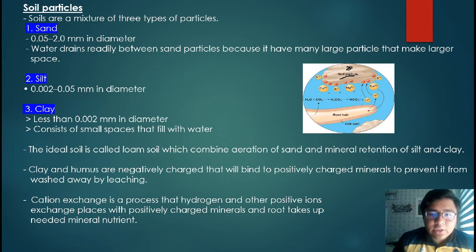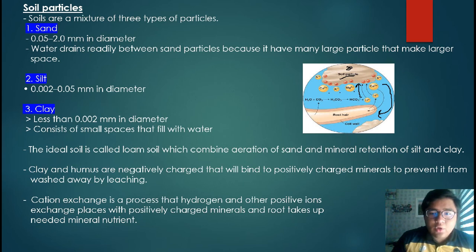So the hydrogen will exchange with the positively charged mineral for the plants to take up the positively charged mineral. Okay, as you can see, the hydrogen will go to the soil particle. It will bind to the soil particle because it is negatively charged, and the calcium will be taken up by the roots because there is cation exchange. So this mechanism is called cation exchange.